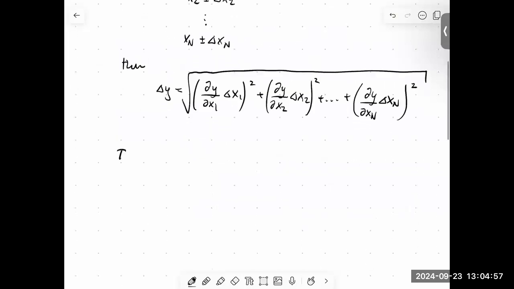So today we'll do some examples of propagation of error.